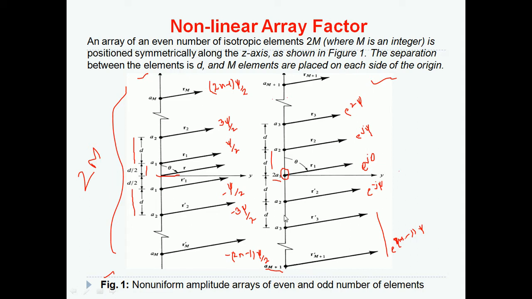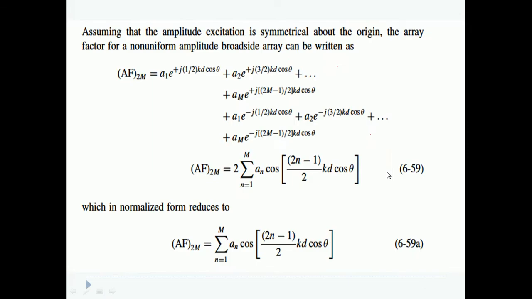The main difference is that for an even number of elements, the elements are placed initially at a distance d by 2 on either side of the origin in the direction of Y, and for the odd number, the middle element is centered on the origin in the direction of Y. Now let us consider the array factor of an even number of elements.